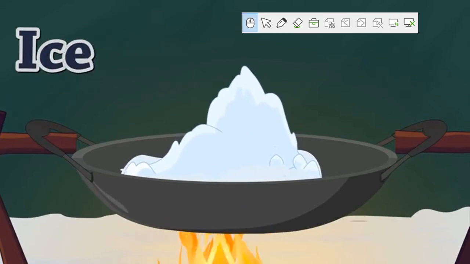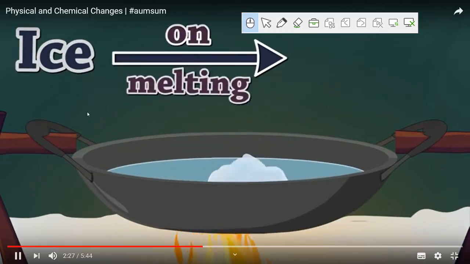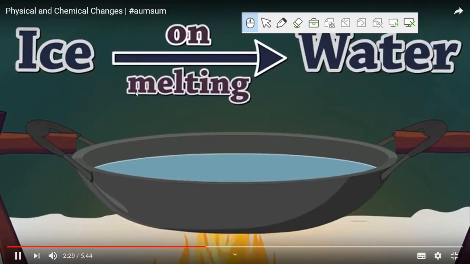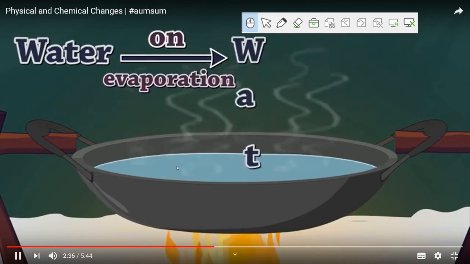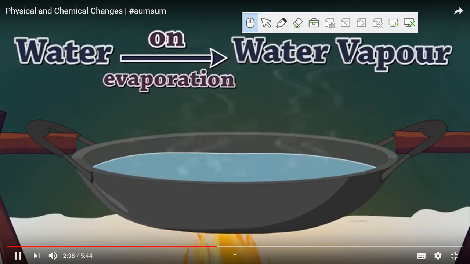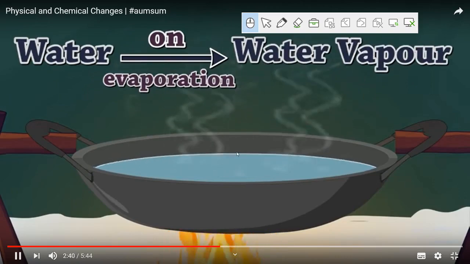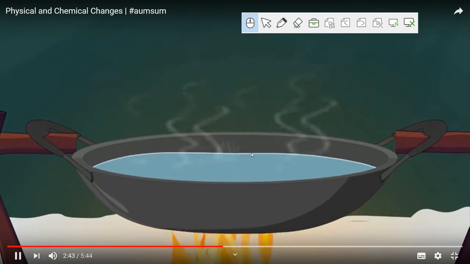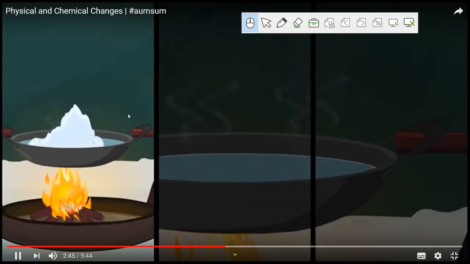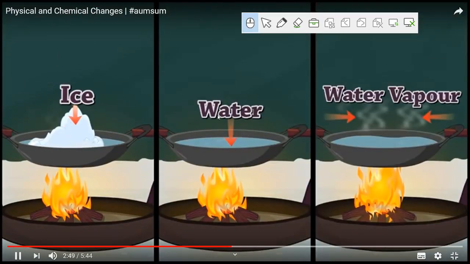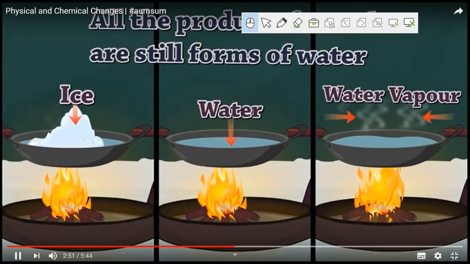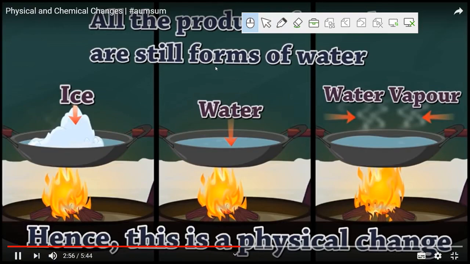Now water vapor. The ice melts into water. The water evaporates into water vapor. All the droplets are still forms of water.